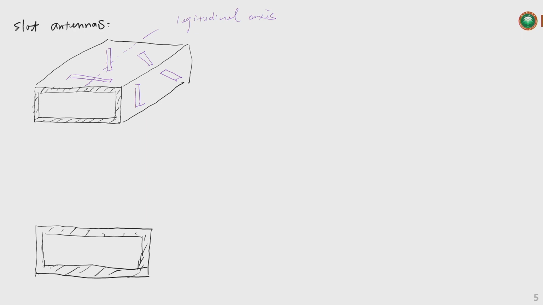And not all of these kinds of slots can be used for radiation. The dimension is going to affect the radiation, but mostly it is the position of the slot that determines it.